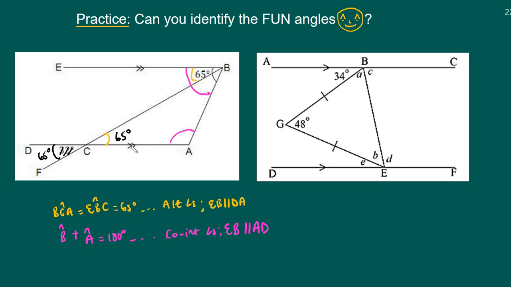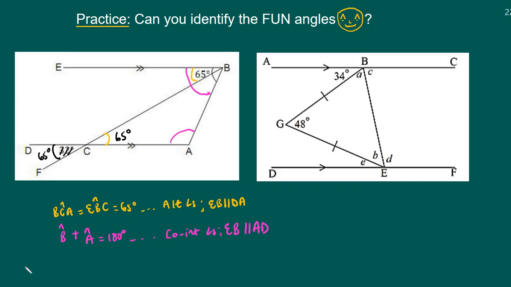Okay, so is there any other pair of angles that you identify in terms of one of the fun angles on this diagram before we move to the next one? Same.